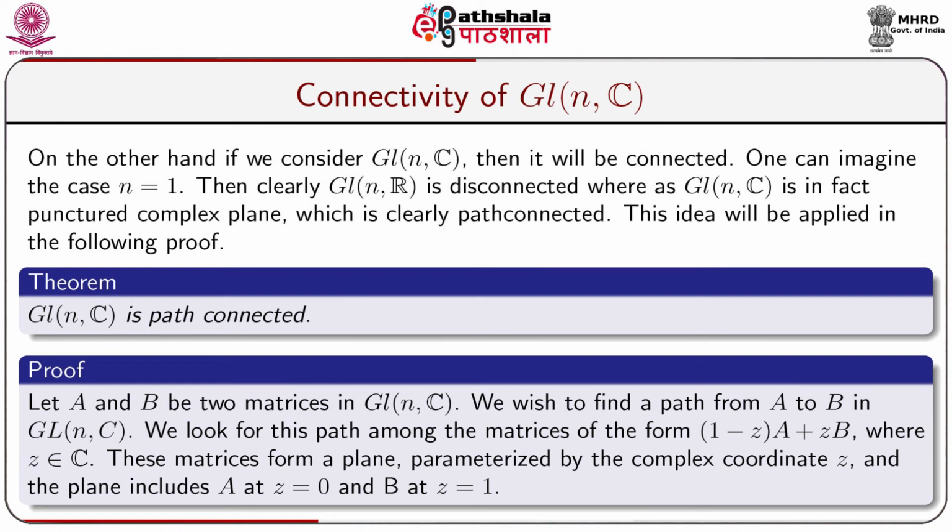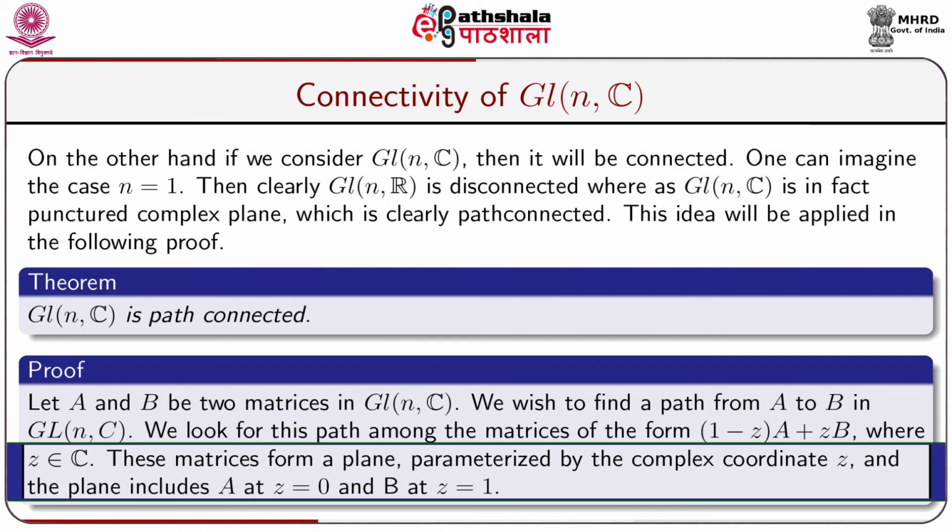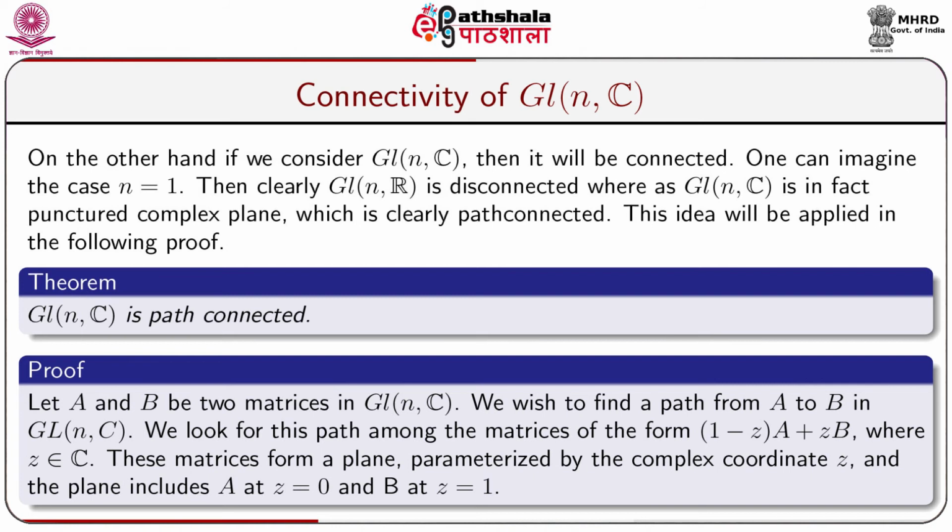This collection of matrices forms a plane which is parameterized by the complex coordinate z, and this plane includes A at z equal to 0 and B at z equal to 1.